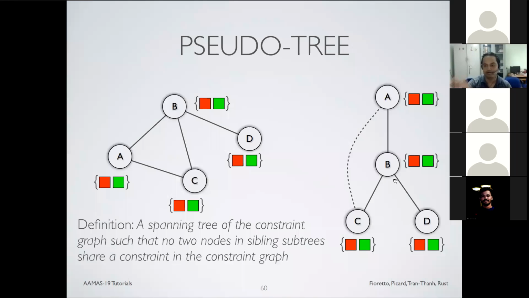So this is the spanning tree of the given graph. Then what do you need to do? There is a connection from C to A, but if you take just the spanning tree, that will not be shown. So you just draw a dotted line. That means there was a connection from A to C in the main graph. So this is called the pseudo-tree.